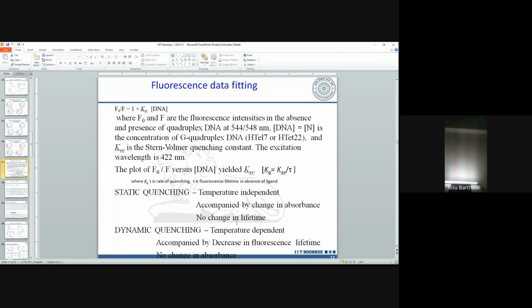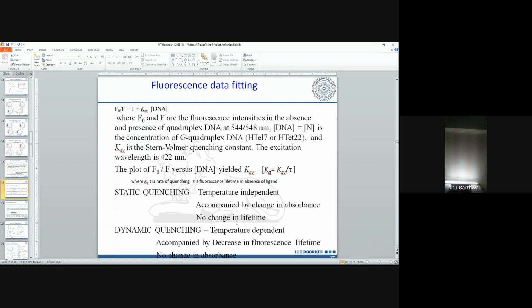You can have static and dynamic, both kinds of quenching in some cases. In our cases, we were getting absorbance changes, and our quenching was basically because of binding, not a simple collision. The molecule was not getting de-excited because of simple collision. It was getting de-excited because it is binding to the DNA molecule.